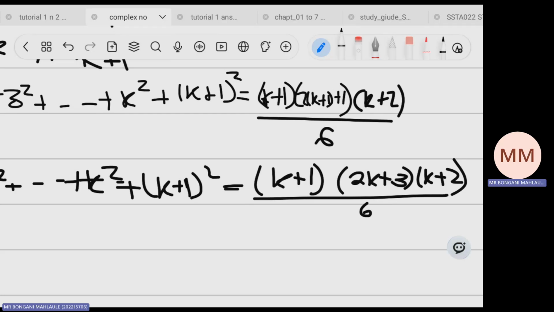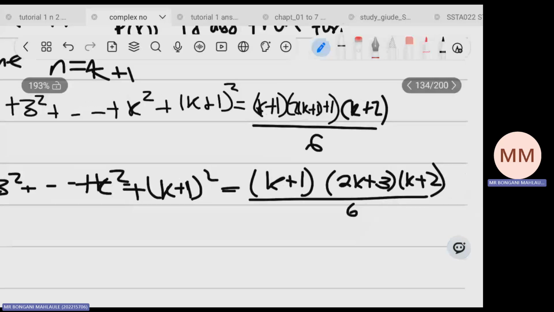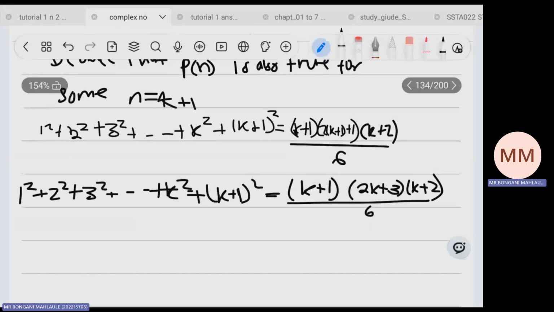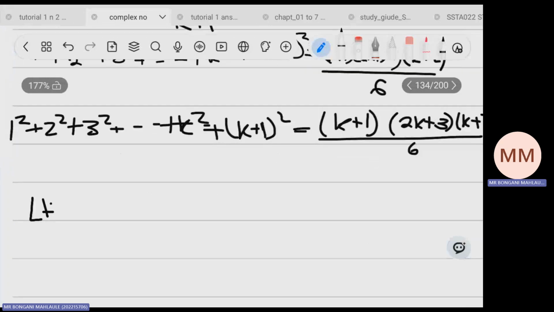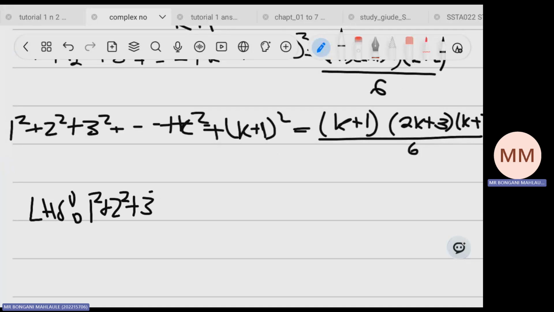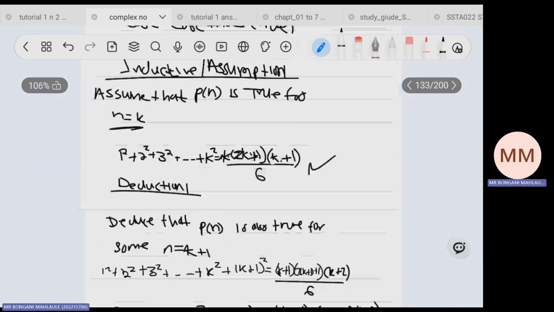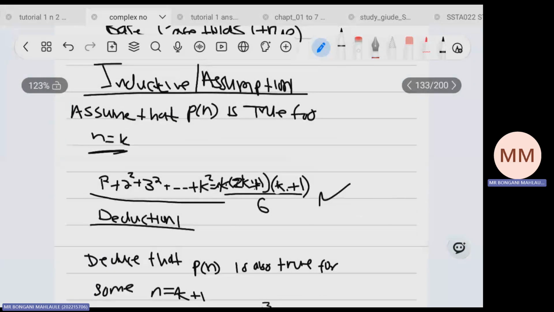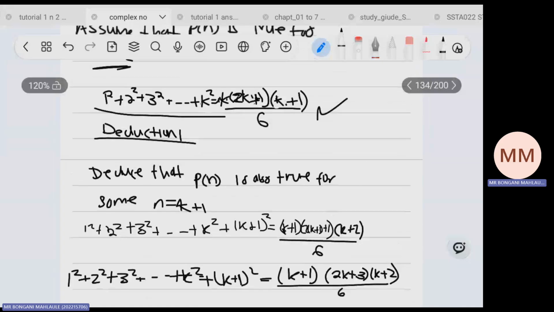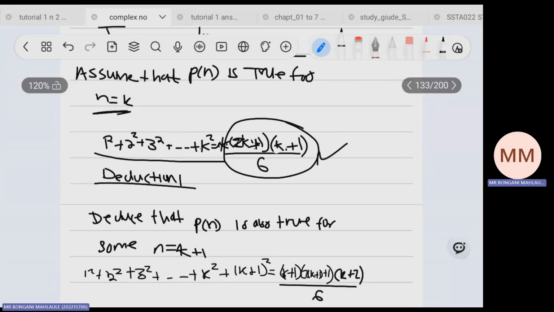So now we're going to take the left hand side. Hopefully you can see that from here to here it's from the assumption. We said this is equal to this part.